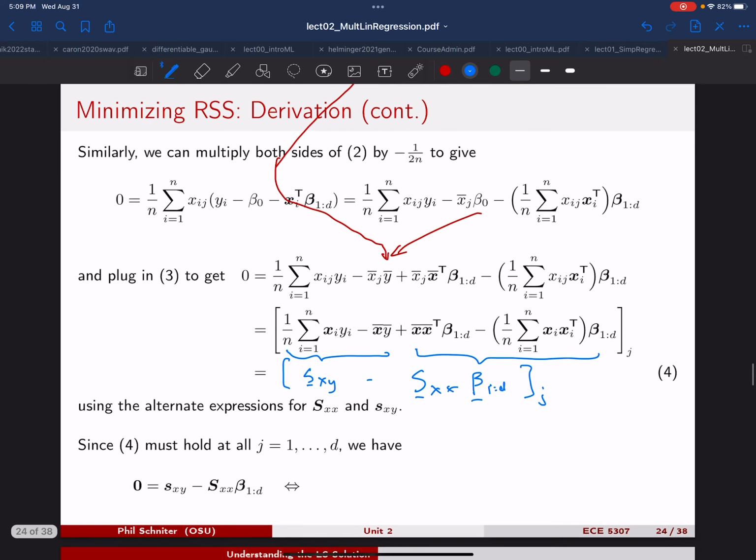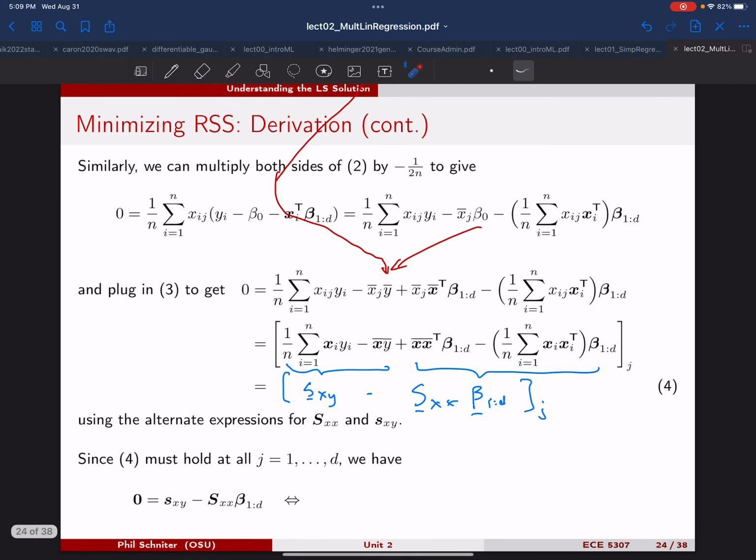Okay, so we're almost done. You can see we want 0 to be every row in that vector. So that means that the entire vector is 0. That's what we have over here. And now we just have a linear algebra problem.